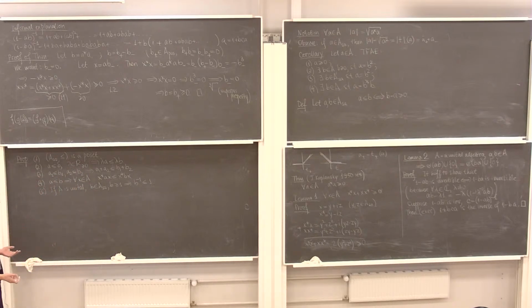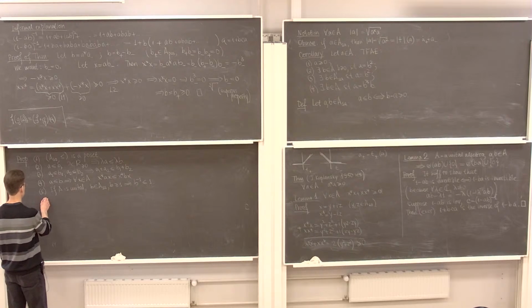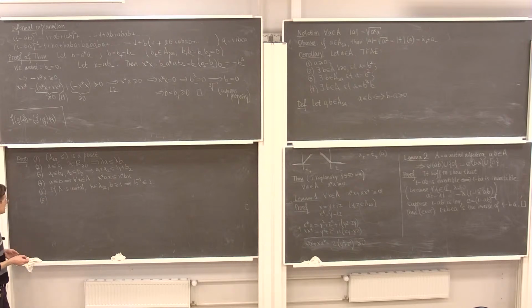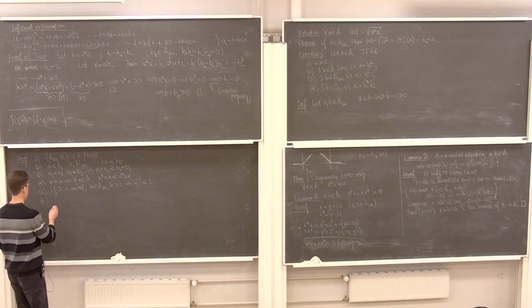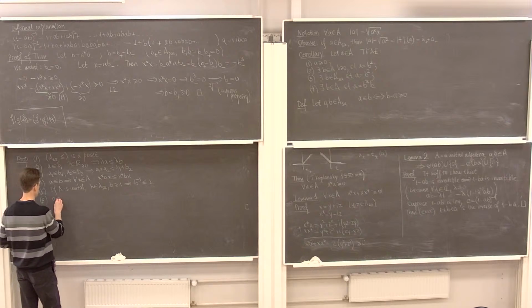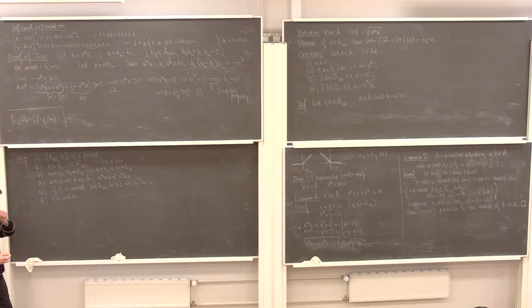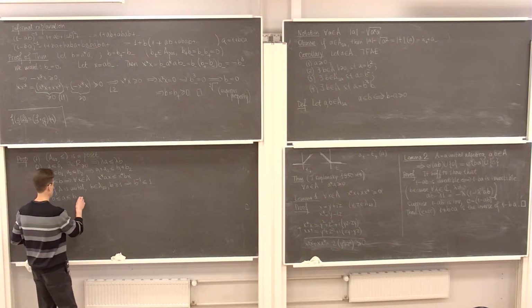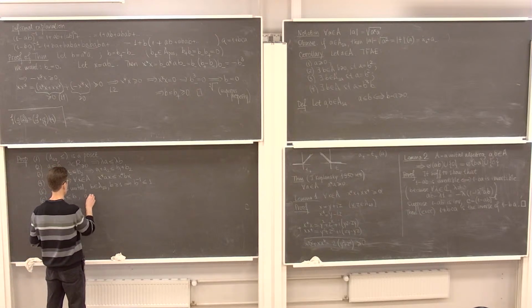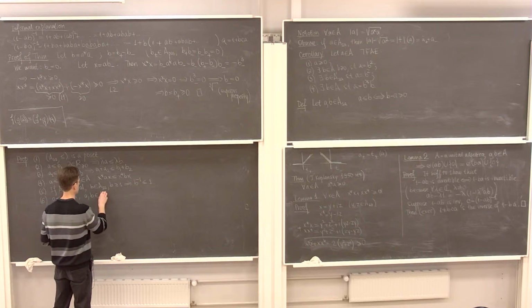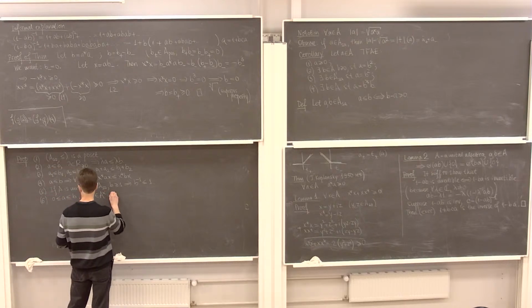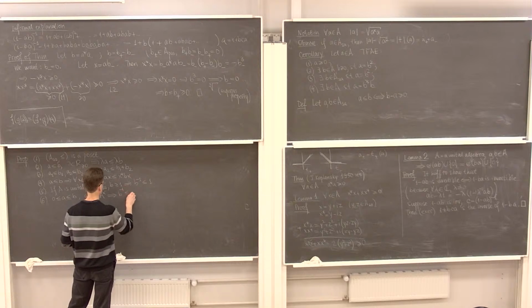So the operation of taking the inverse is order reversing. Property 6, which is more general than property 5: if A and B are two positive elements such that A is less than or equal to B, and if A and B are invertible, then B inverse is less than or equal to A inverse.